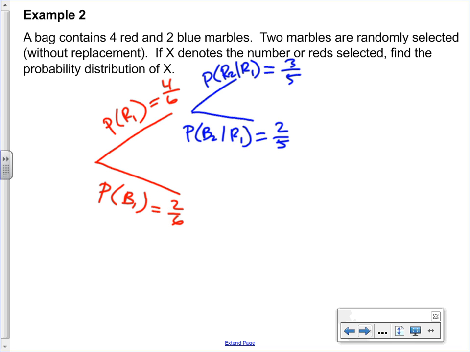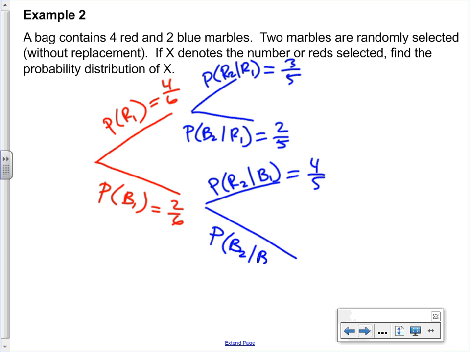Okay. Here we go. Probability that your second marble is red, given your first marble is blue, is 4 out of 5. And the probability that your second marble is blue, given your first marble is blue, is 1 out of 5.